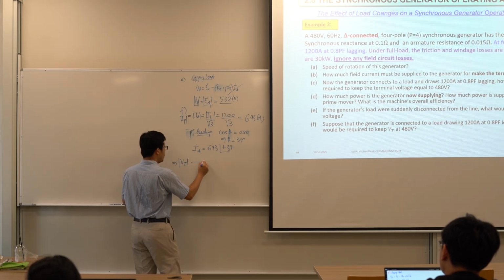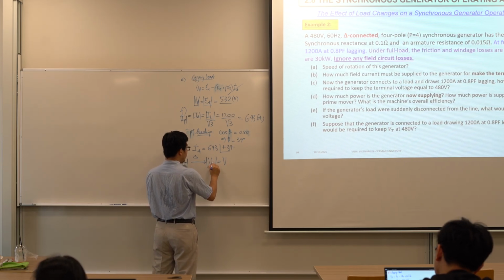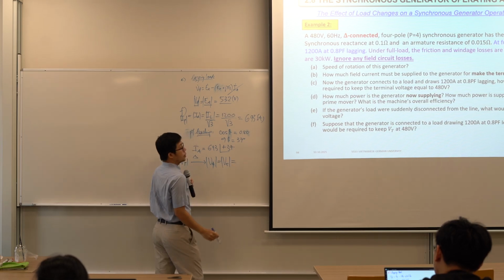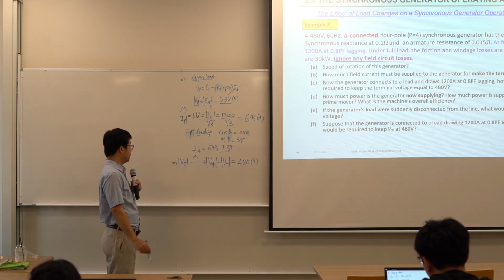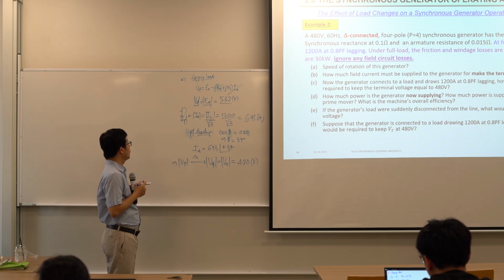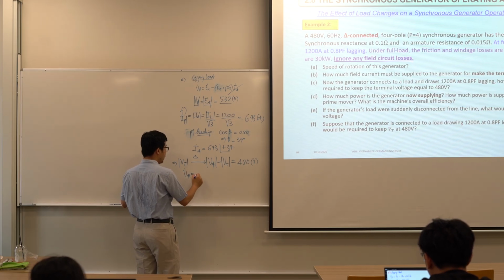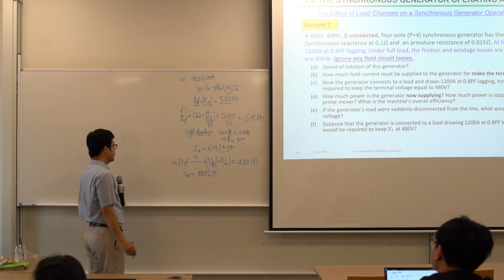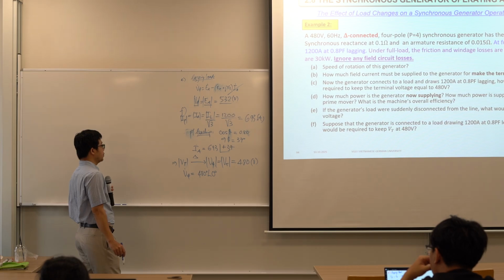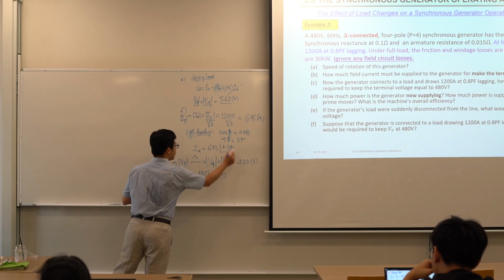Because we have delta connection, V line equals V phase equals VT, 480 volt. We know V phase is 480 volt at 0 degree. And we have IA, right?